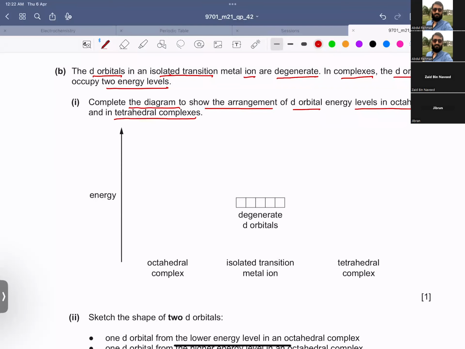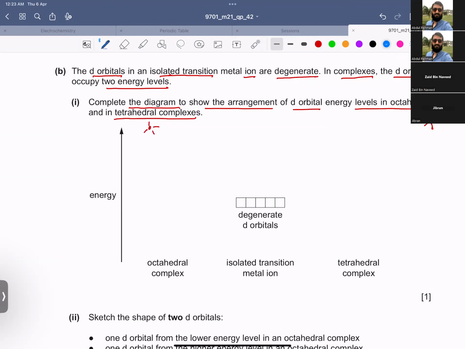Okay. So when you recall the shape of octahedral complex, in octahedral complex, all the ligands are bonded on the axis, and in tetrahedral complex, all the ligands are bonded between the axis.